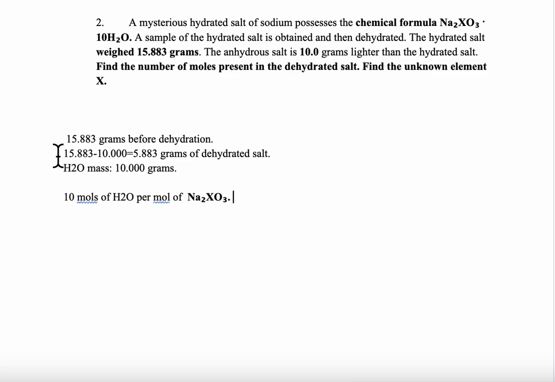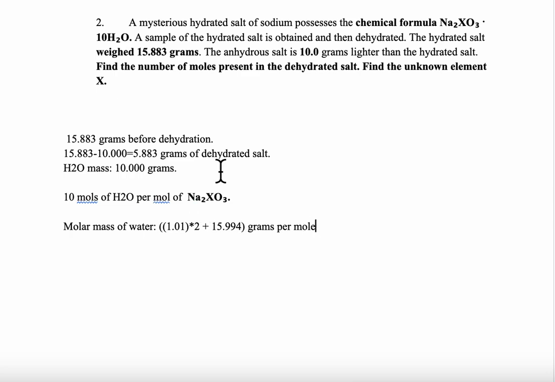But we can find the number of moles of water, because the molar mass of water is basically 1.01 grams per mole, which is the molar mass of hydrogen, times 2 because of H2O, plus the molar mass of oxygen, which is 15.9994 grams per mole.